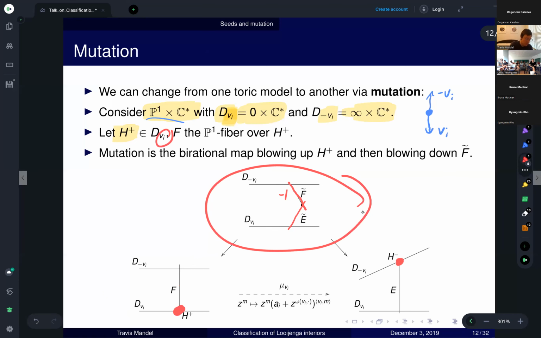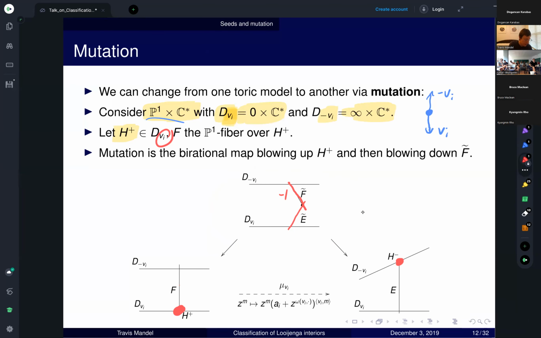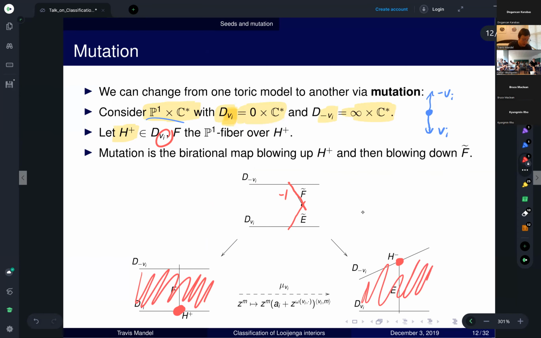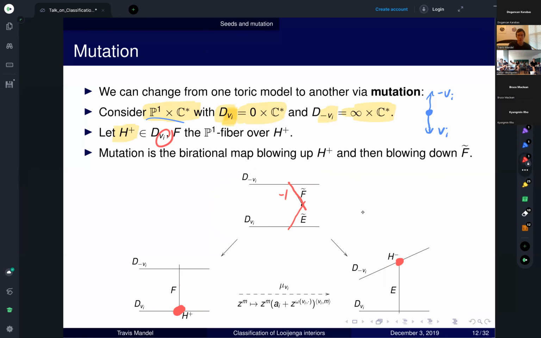In other words, the Looijenga interior is what we have up here, minus the boundary divisors. You can think of that as taking the algebraic torus here and the algebraic torus here, and gluing them together using this birational map, because a birational map is the same as an isomorphism between Zariski dense open subsets.